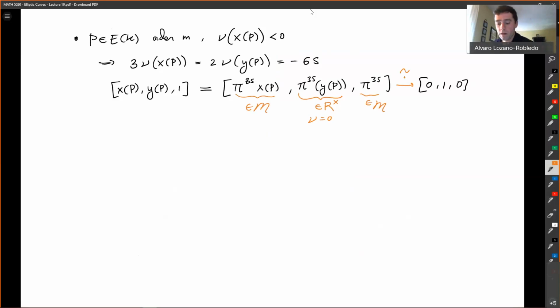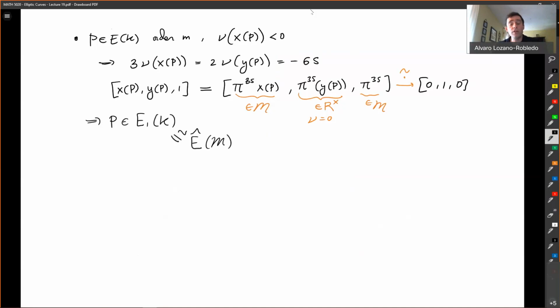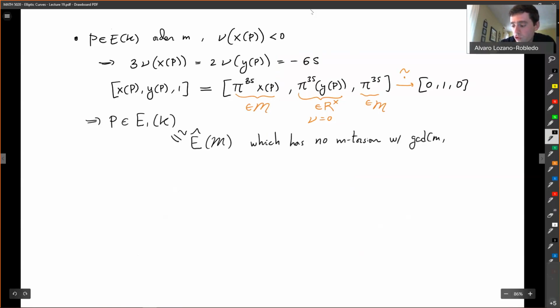Okay. So what that tells me then is that actually P is in the kernel of reduction. But we know that the kernel of reduction is isomorphic to the formal group, or the group associated to the formal group, which has no m torsion with m relatively prime to the characteristic of the residue field.